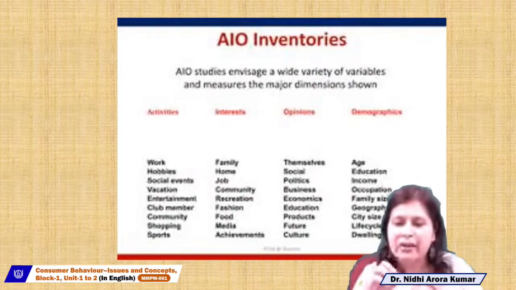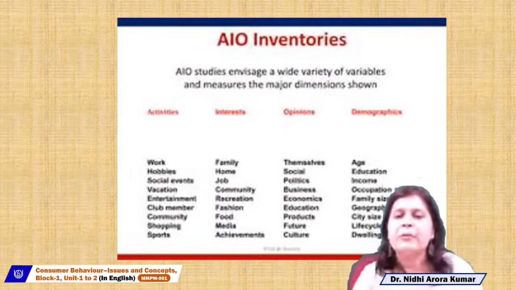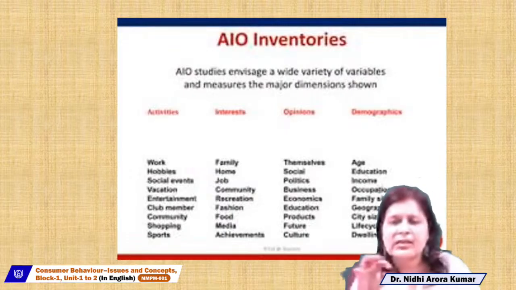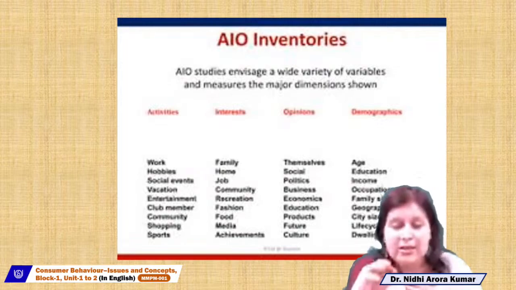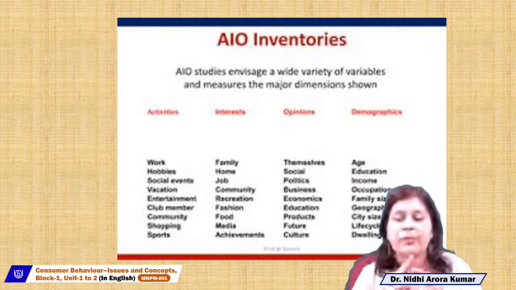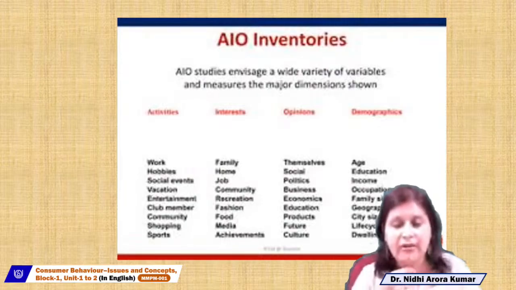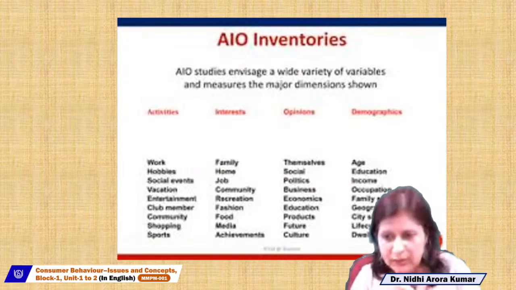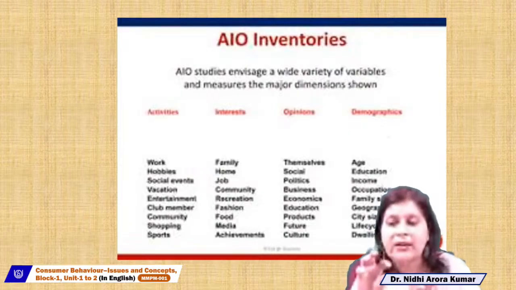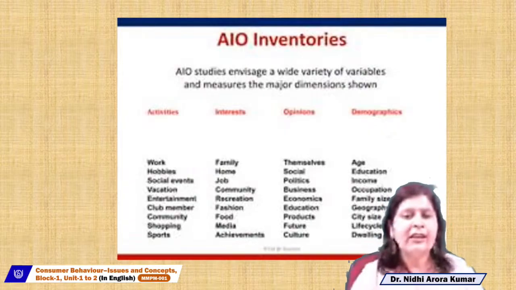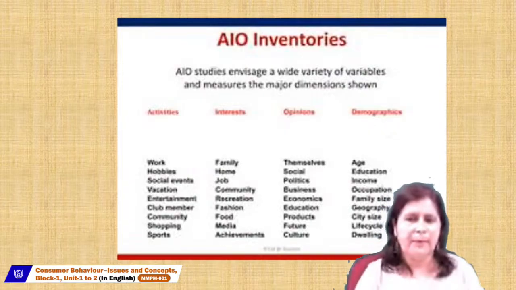All these are the factors which show the opinion of the individual. Then demographic variables play a very important role. Then the various factors like age, education, income, occupation, family size, geography, right? Say life cycle and city size. All these come under demographics, and through these variables we can profile the demographic variable, right?